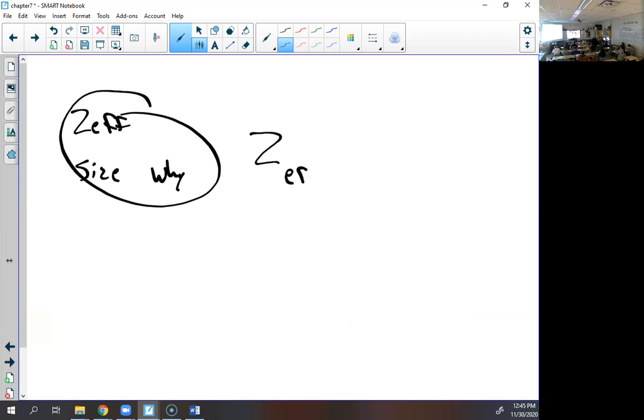Subscript is what I really mean, sorry. Z is really just protons. The effective nuclear charge is not mathematically exactly right. It's just one we're going to use to compare. So it's protons minus core electrons.